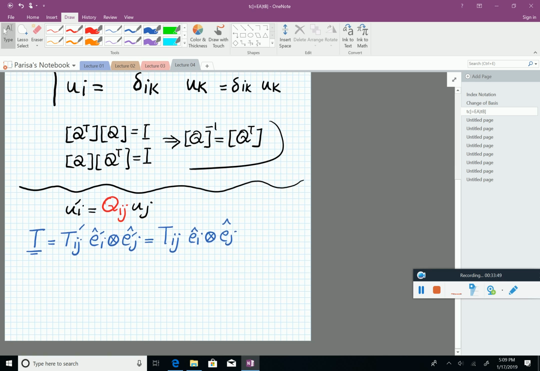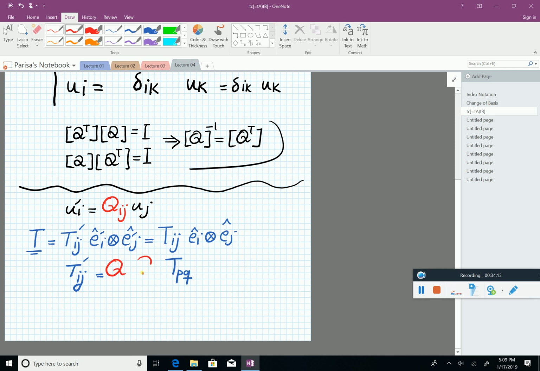If you want to write T prime ij as a function of, I cannot use ij anymore, so I have used here pq. Then it turns out that it's very similar.